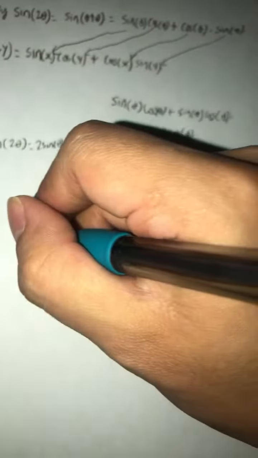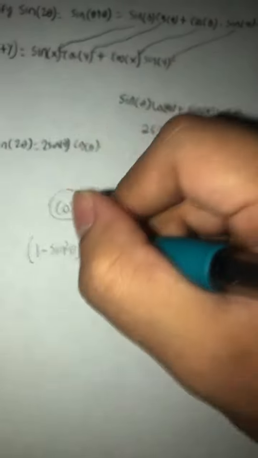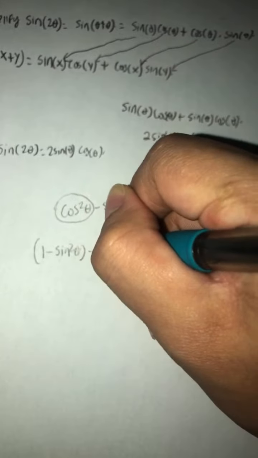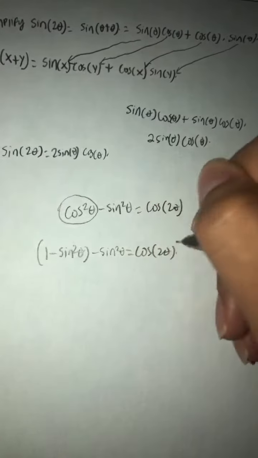This ends up being 1 minus sine squared theta minus sine squared theta equals cosine of 2 theta.